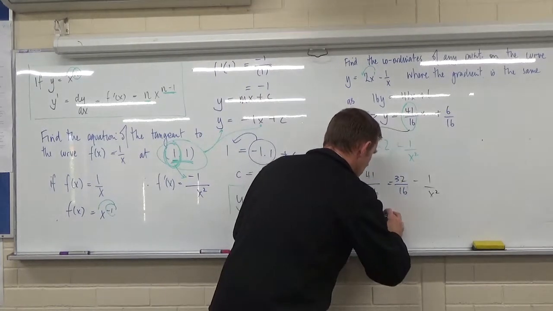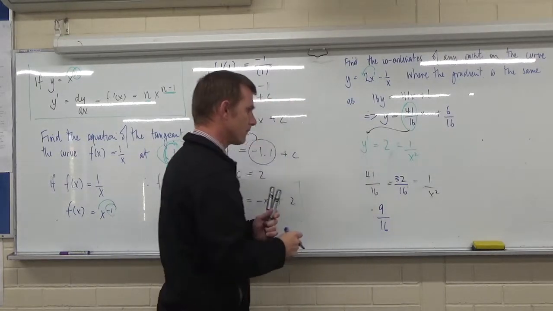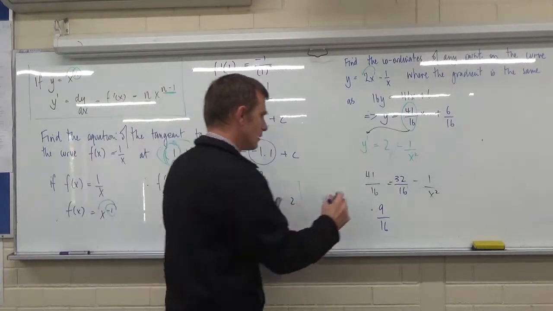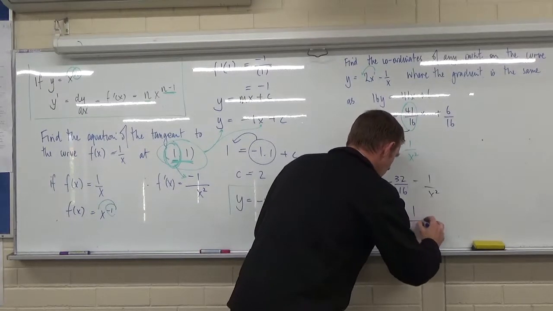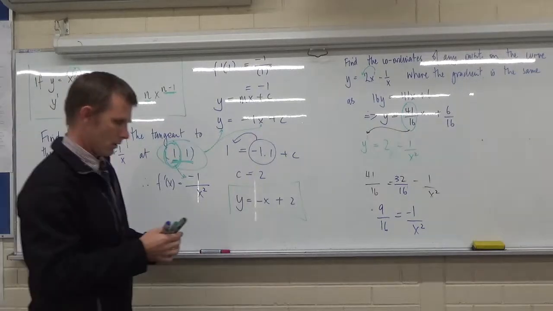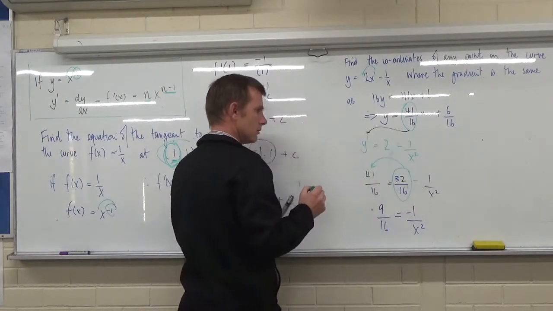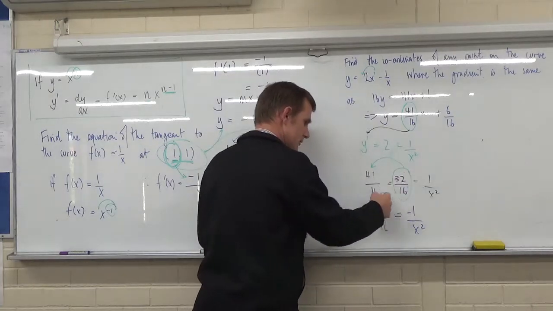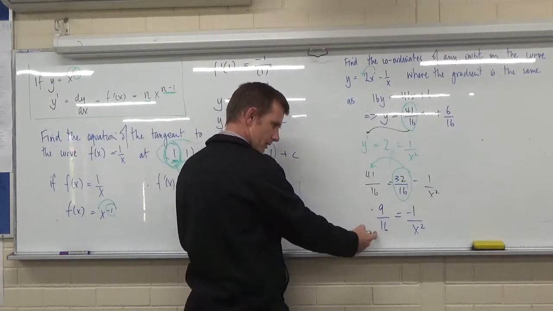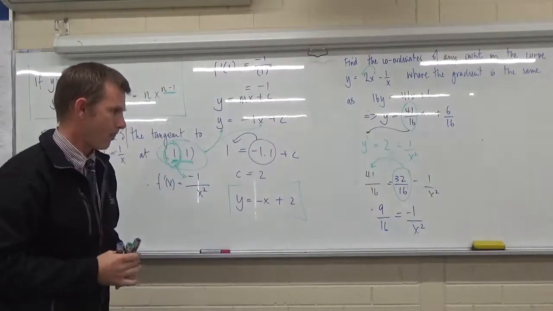So I reckon it'll be 9 over 16, and it will be, no, it'll be positive: 9 over 16 equals 1 over x squared. So what did I do? I moved this over, it became 41 minus 32, there's my 9, divided by 16, and I was left with that guy there. So I think I'm okay there.